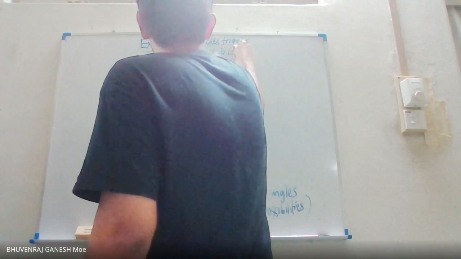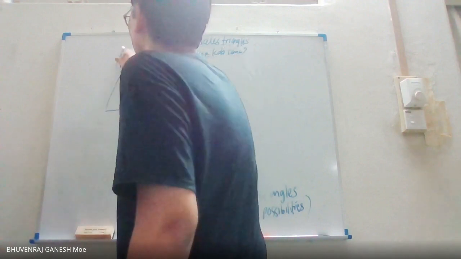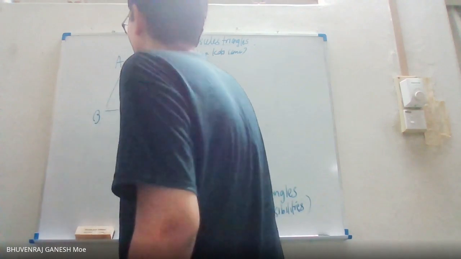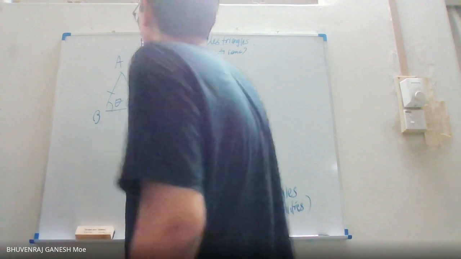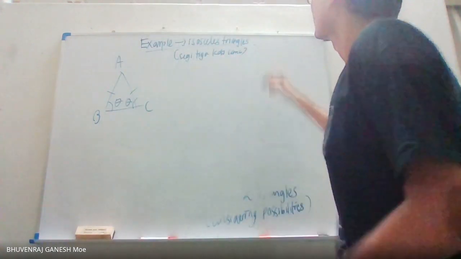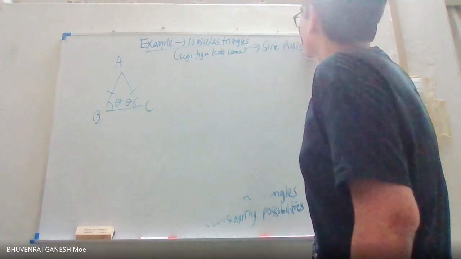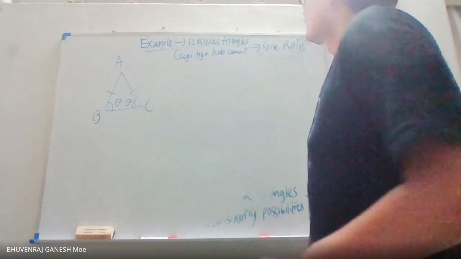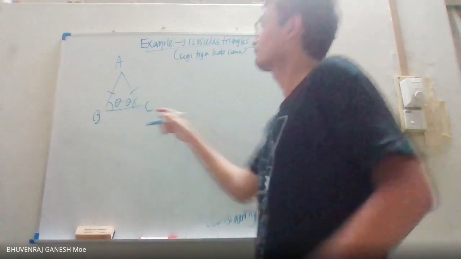So the basic triangle looks like this, A, B, C. This side is the same as this side, and this angle is the same as this angle. Isosceles triangles, this is where you apply your sine rule. So nothing much, you must know how to form this.